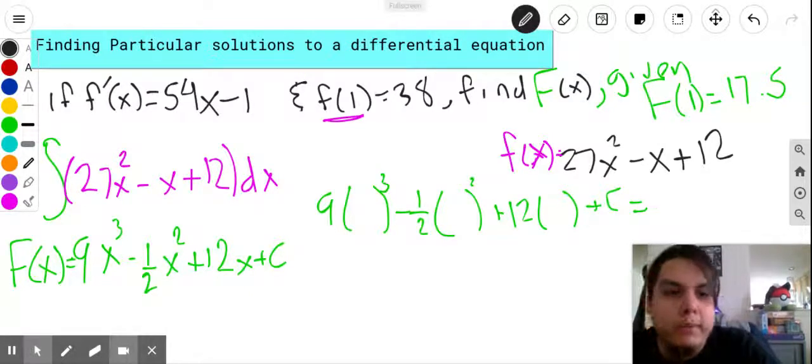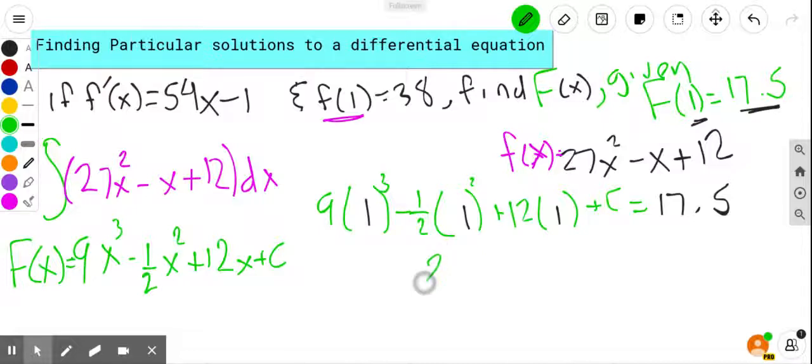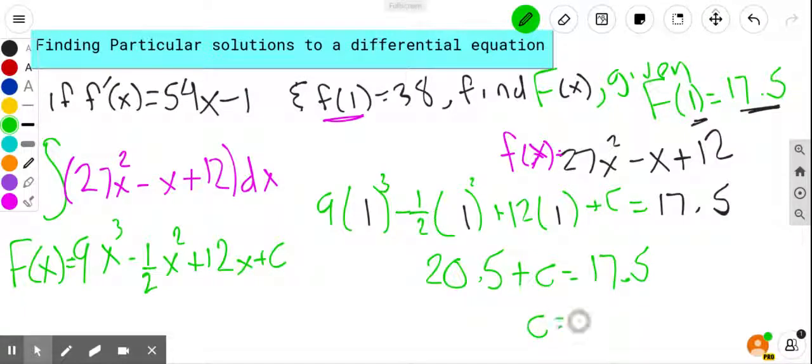And I just update with the given information I have: 1, 17.5. So then as you're solving this, we see that on the left side, we have 9 minus a half plus 12 is 20 and a half plus c should equal 17 and a half, meaning that c should be a negative 3.